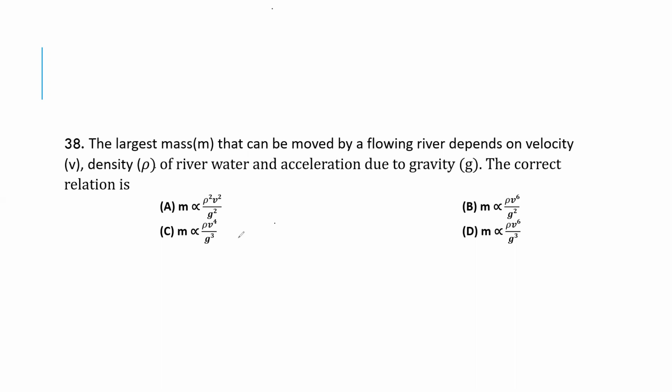So what we can do here, we can take the first equation. I'll show you. If I take the first equation, it is m is equal to rho square into v square divided by g square, right?